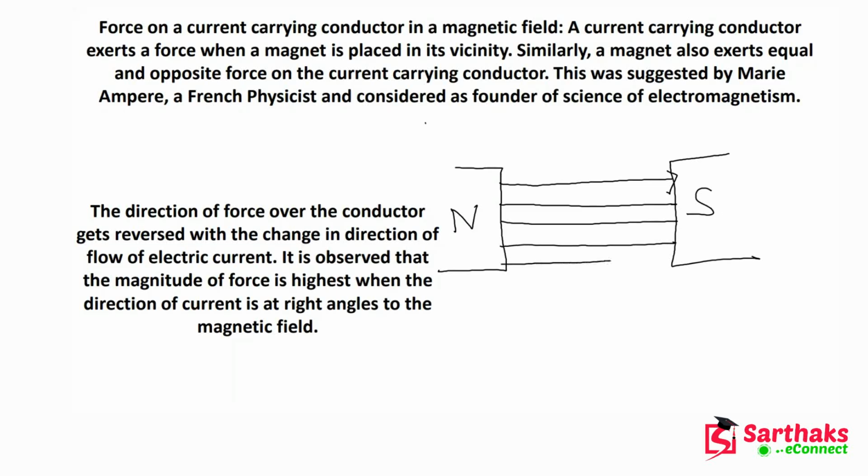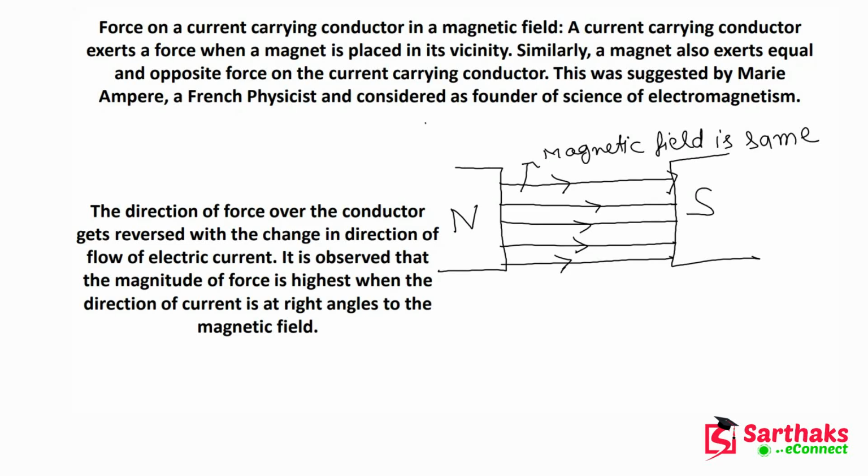They are at equal distance, they will be like this, and they are also at equal distance. If these are at equal distance, this simply means that the magnetic field is the same. Why is it the same?